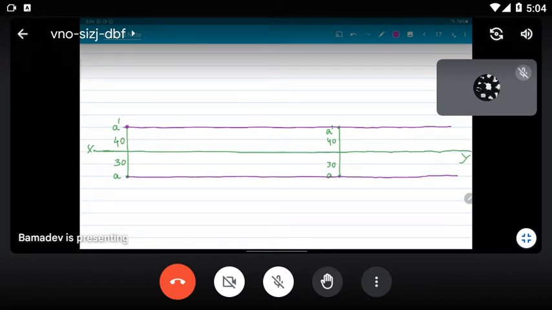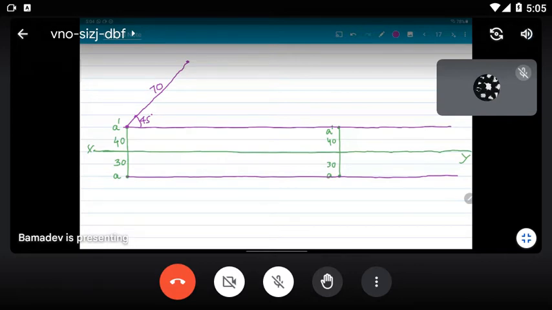Yes, sir. So draw a 45 degree angle and draw a straight line. What is the length of the straight line? 70. This is 45, right?